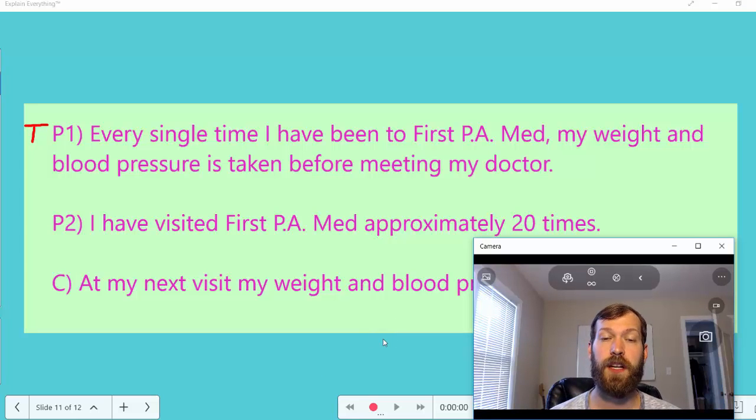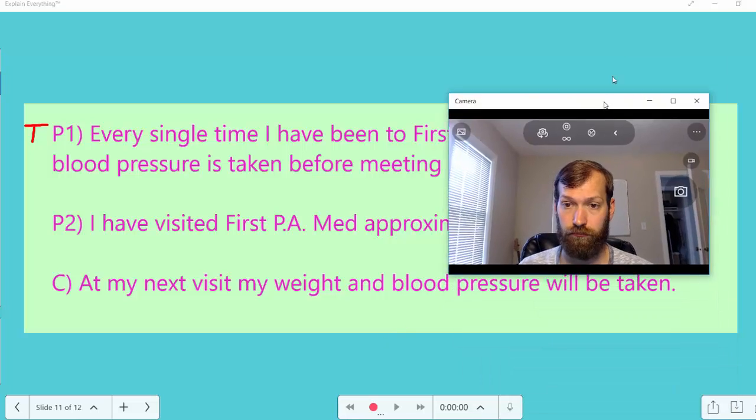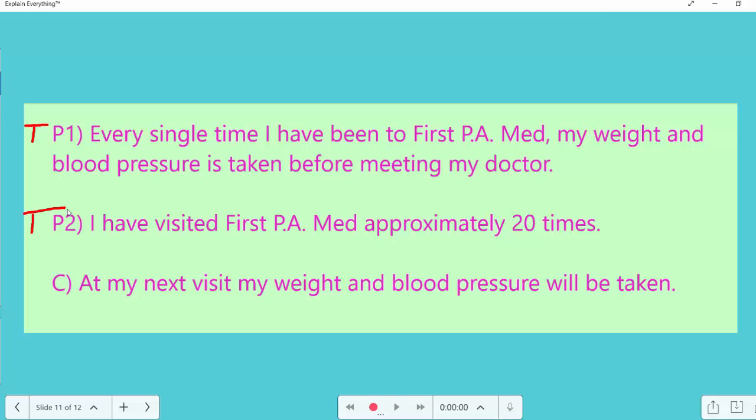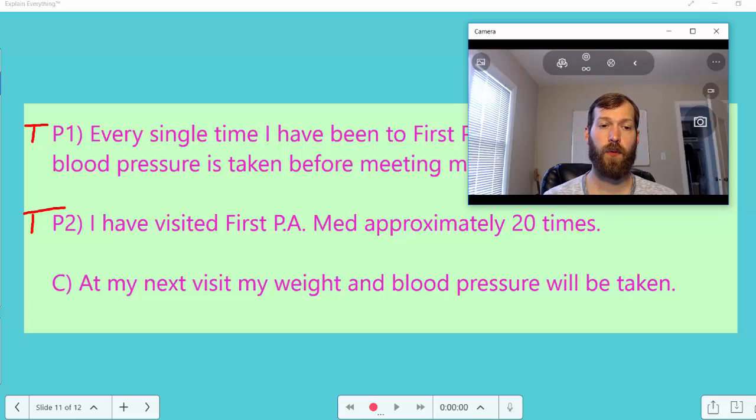I have visited First PA Med approximately 20 times. That also turns out to be true. Therefore, at my next visit, my weight and blood pressure will be taken.